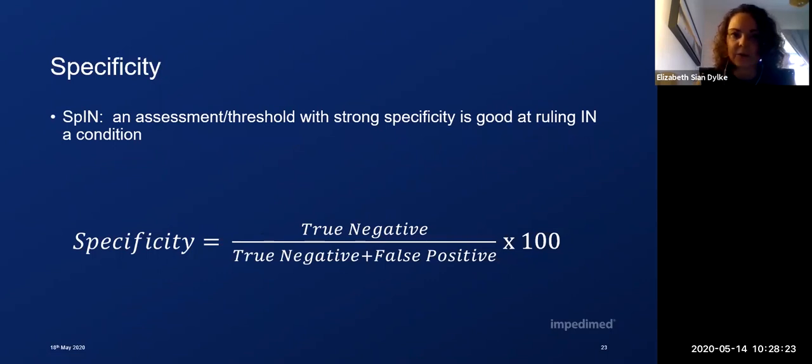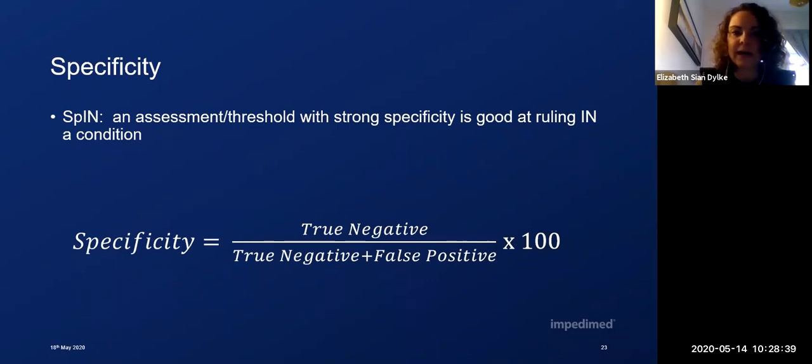As opposed to SNOUT for sensitivity, SPIN is the expression that can help us remember the point of a test that is highly specific. So a positive result on a test with strong specificity is a good bet that the condition is present.